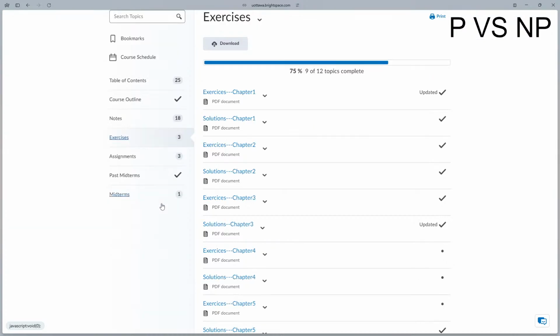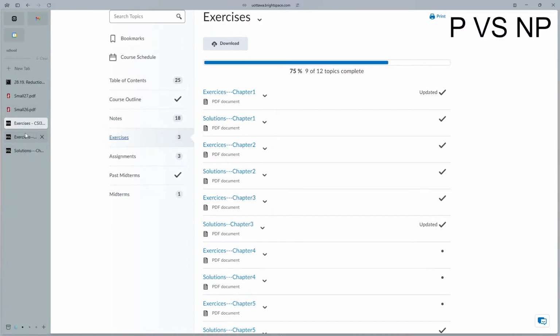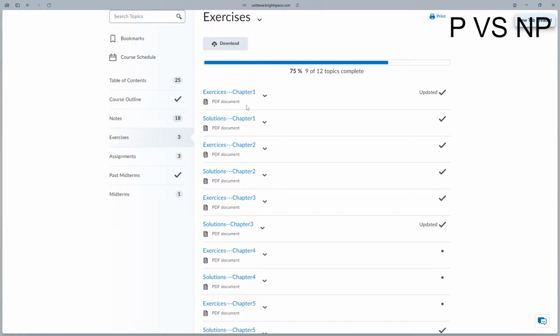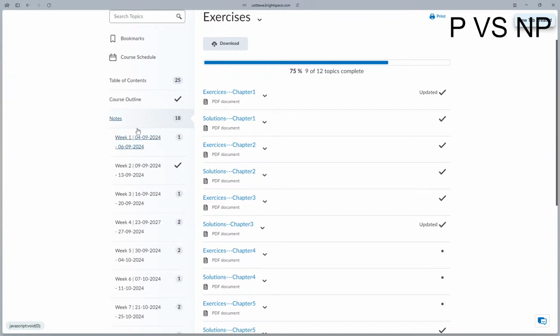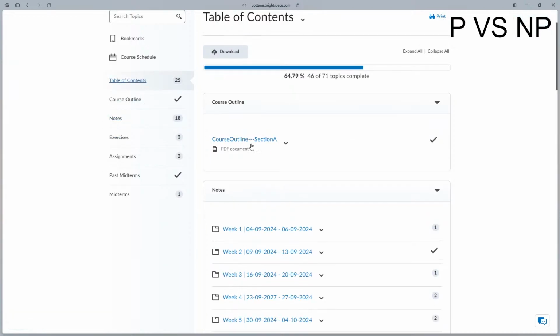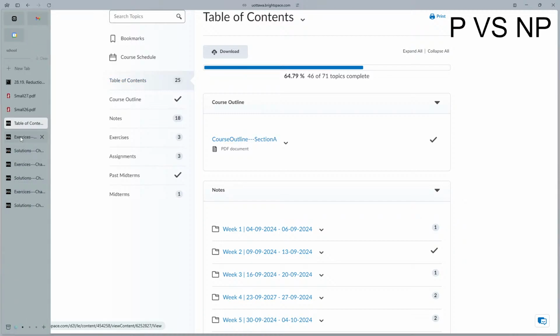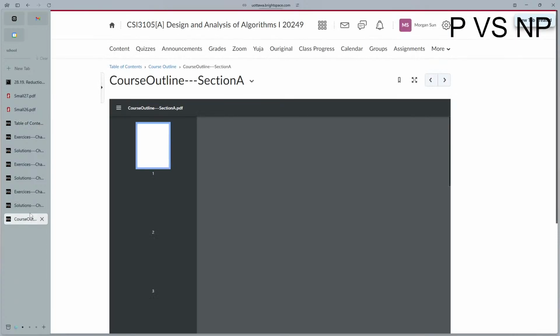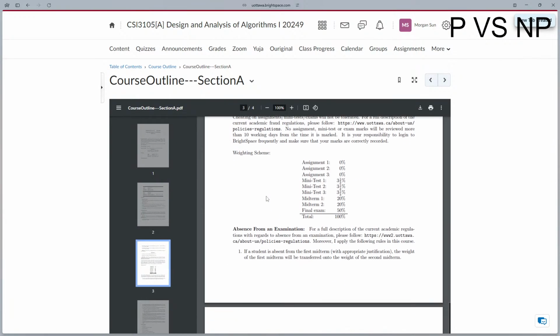You can do some exercises for 1, 2, and 3 probably. Exercises, solutions, and then let's look at the notes. What is chapter 1? Okay, actually, let me just look at the course outline again. Let me look at the units.